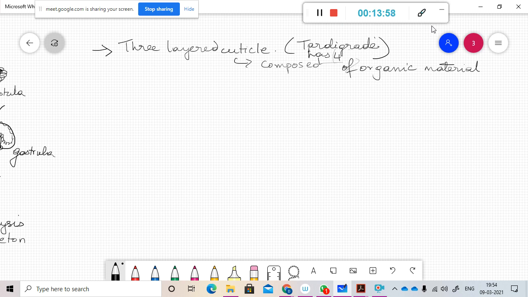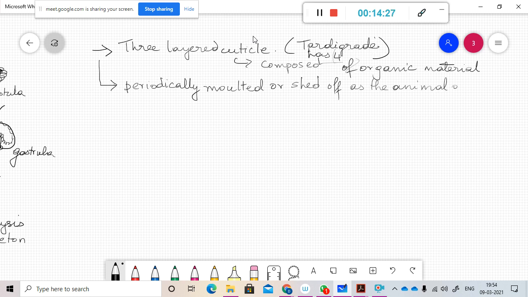This cuticle is periodically, or from time to time, molted or shed off as the animal grows.